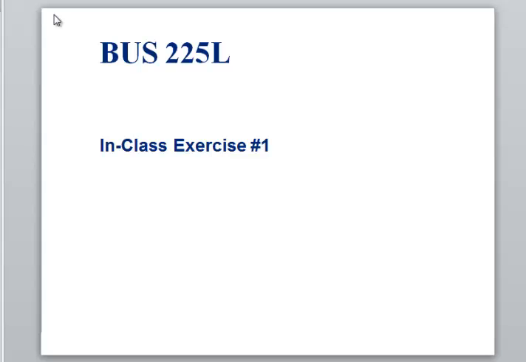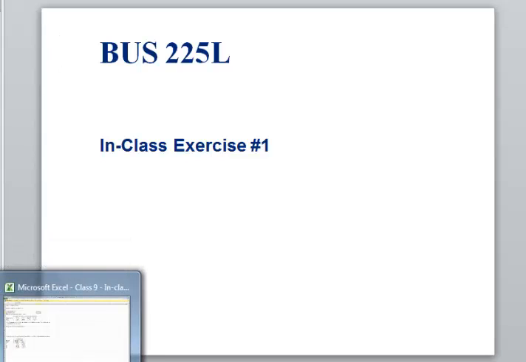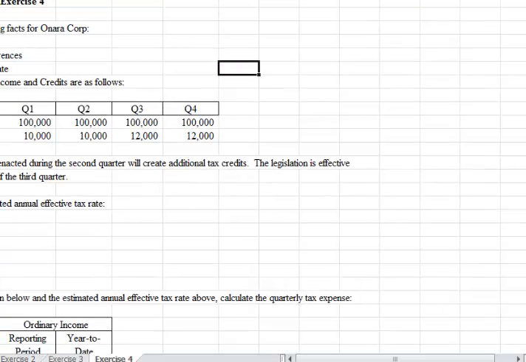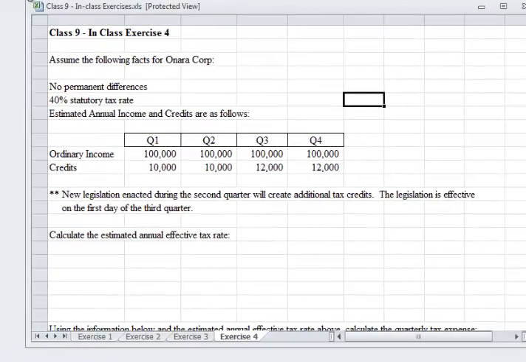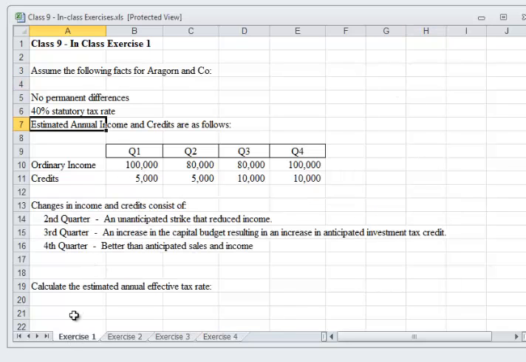Okay, in-class exercise 1, to challenge whether you're even close to following what I'm talking about. Here's our company.